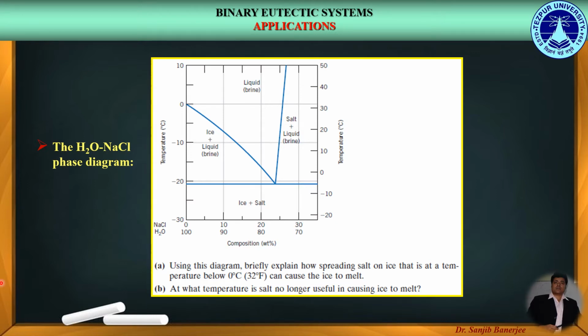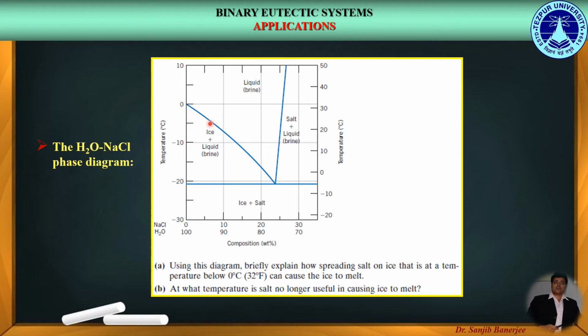Here in this phase diagram, the y-axis is represented by temperature, while the x-axis is represented by the increasing concentration of sodium chloride, that is salt. Therefore, the vertical axis on the left-hand side denotes 0% sodium chloride, that is 100% water, which has a melting point of 0 degrees centigrade.